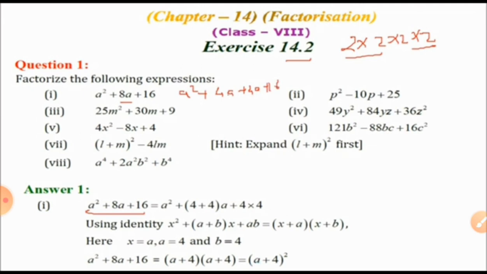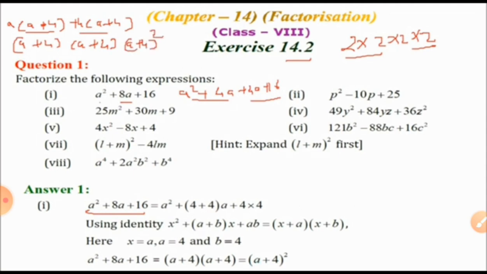So here x is equal to a, a is equal to 4 and b is also equal to 4. Add this value in our identity. It will give you a plus 4, which gives you a plus 4 whole square. Because both the terms are the same, like 4 into 4, 4 square. So a plus 4 into a plus 4 will give you a plus 4 squared.